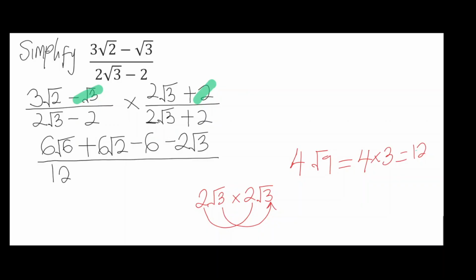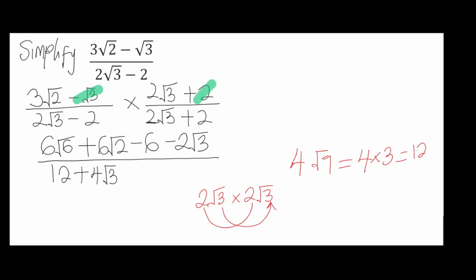Then we have 2 root 3 again, multiplying 2. So 2 root 3 multiplying 2 should give us 4 root 3. So we have plus 4 root 3. And again, we're going to be using this negative 2 to multiply all we have here.